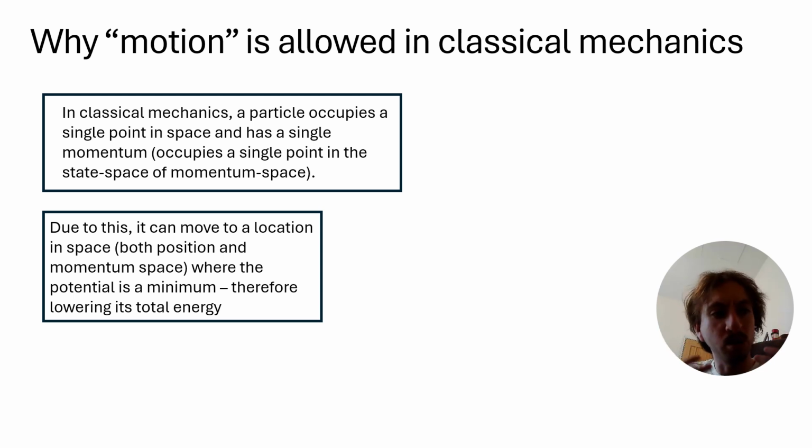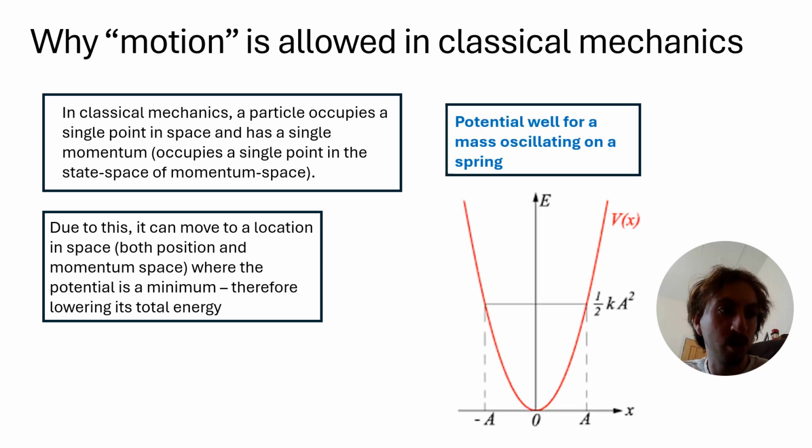And particles will move generally to minimise their total energy, and so they will try as best as they can to find where the potential is at its minimum. Now they might oscillate about this minimum point, but they will try to get to this minimum point.